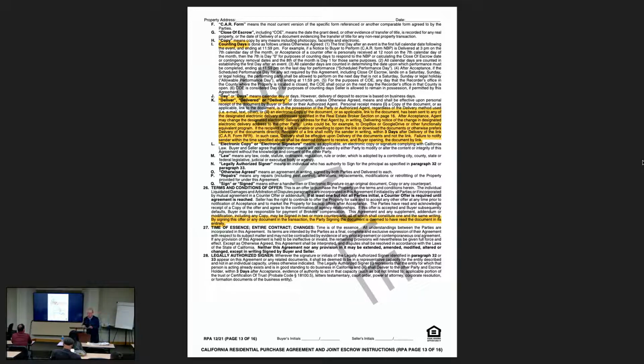So if your buyer or seller is executing this contract in any one of those forms, in any types of entities, within 3 days after acceptance, they have to provide evidence of authority that I just listed to you. So again, you got to get your ducks in a row, whether you represent a buyer or seller.